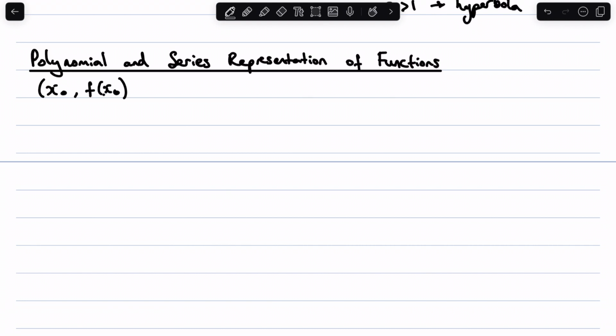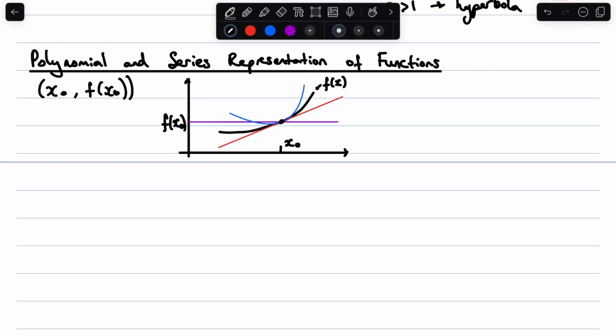I'll draw this to give you some more clarity on what I mean. So as you can see, for our function f of x, we have these three increasingly accurate approximations for the point x0, f of x0, and I'll go through each one at a time.